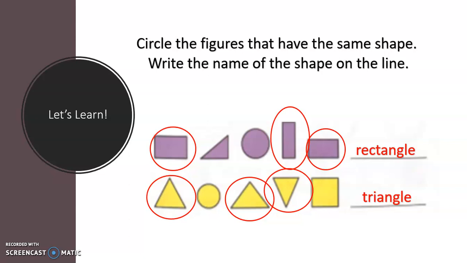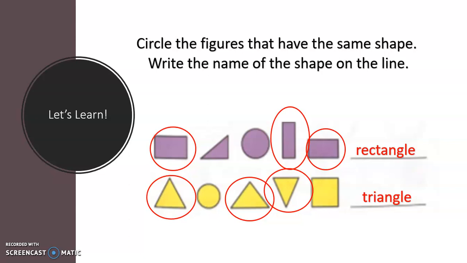Remember, from our last lesson, the corners are where the 2 sides meet, and the sides are the straight lines. The triangle and the circle are not the same shape. They do not have the same number of sides, nor do they have the same number of corners. And of course, we know that the shapes that we circled are all rectangles.